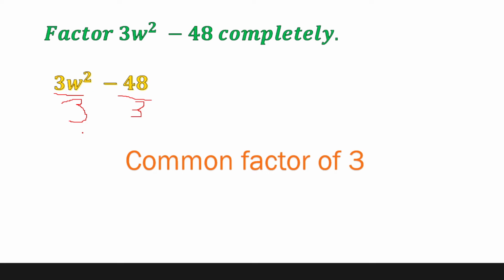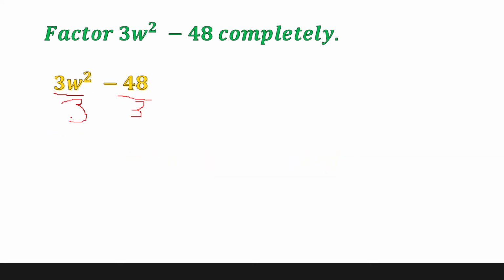Ilalabas natin, ang mangyayari dyan magiging, ayan, dinivide lang natin, nilabas lang natin 3, na-cancel to, naging w squared lang, ito siya, negative 48 over 3, that is negative 16. Okay? Yan po yan, ha? Huwag kayong malilito dyan.